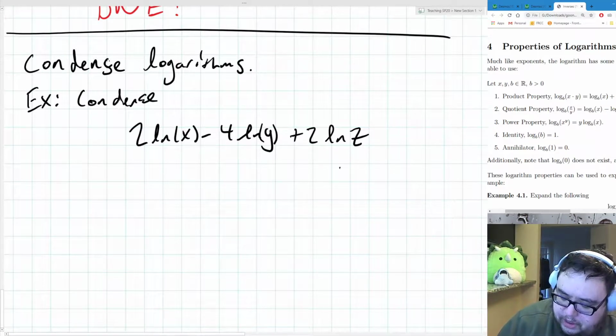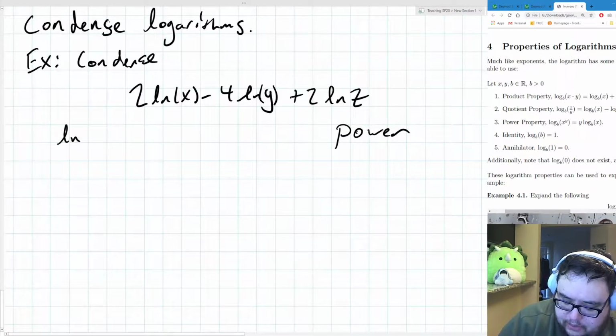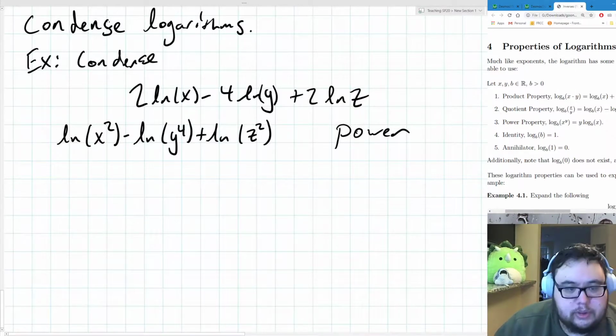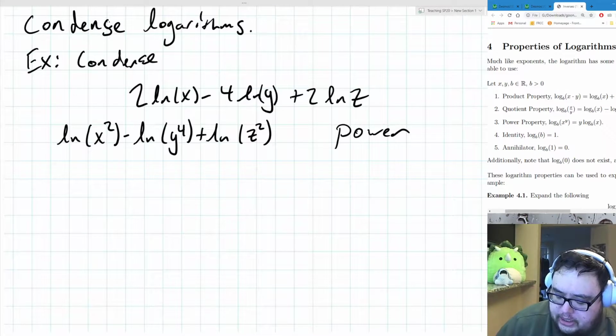The first thing we can do is use the power properties to give us ln of x squared minus ln of y to the fourth plus ln of z squared. Then we can use a quotient property to condense these first two.